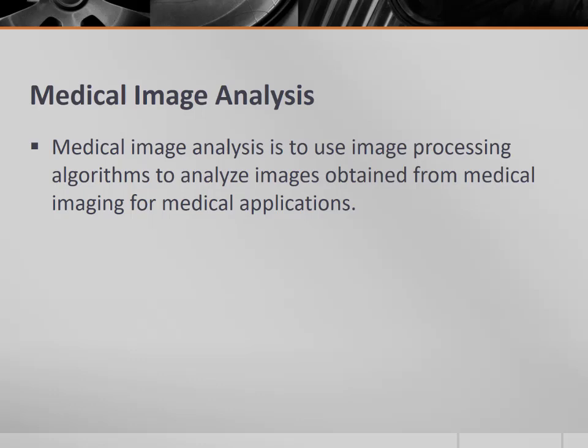It's not the doctor analyzing the image, but it is for the doctor to use. We have many medical image analysis tools that the doctor can use to analyze the image. The most popular medical image analysis tool is ImageJ, so we plan to let you know how to use ImageJ in the future.